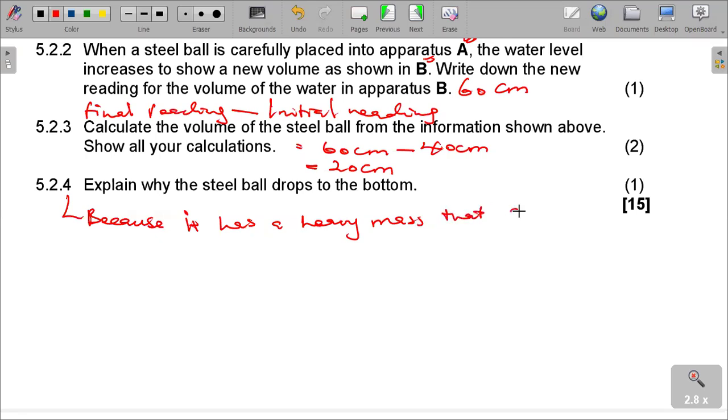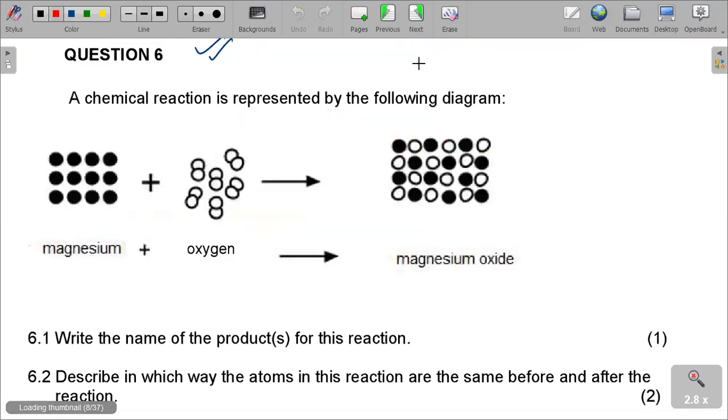The mass cannot float. It cannot float in the water. That is the reason for this.